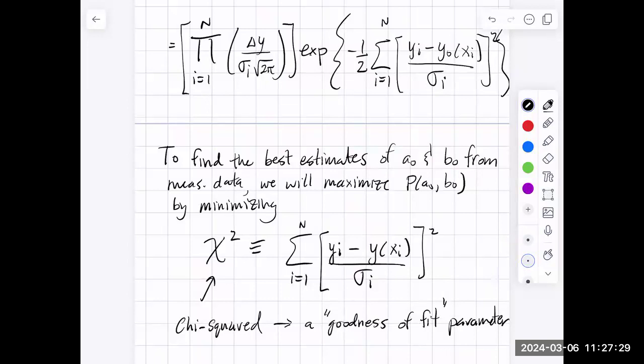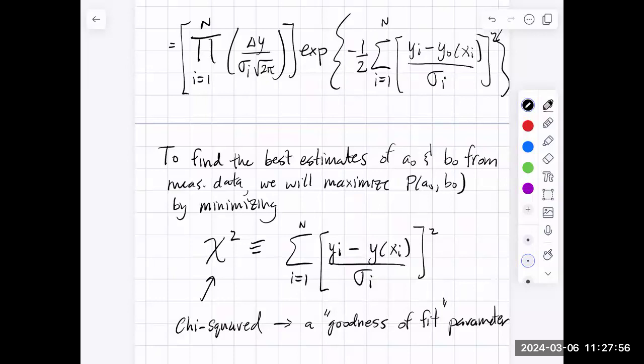But we said, well, we could have large deviations, half of them positive, half of them negative, and we still get a small value for the sum. So once we put the square in, whether the difference comes out to be negative or positive doesn't matter, because we're going to square it before we do the sum. So we're always adding positive values. So if we minimize that, that is a good parameter to test the goodness of fit.